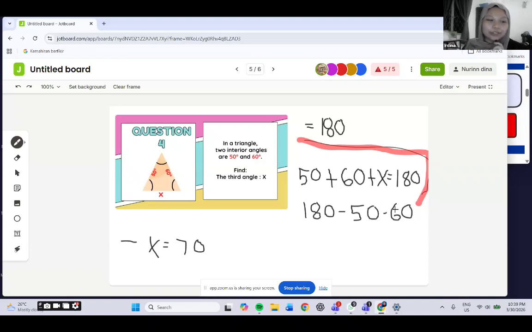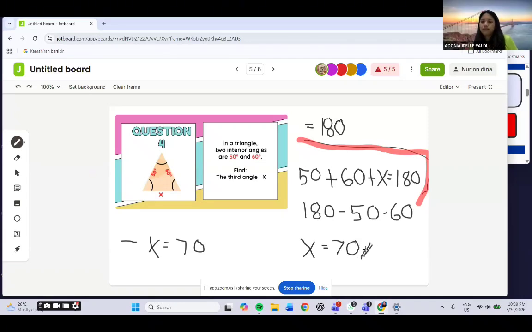So you have your own calculator, right? So what is the answer? 70. Okay, so we already subtracted it. So x equals 70. So that's the answer.